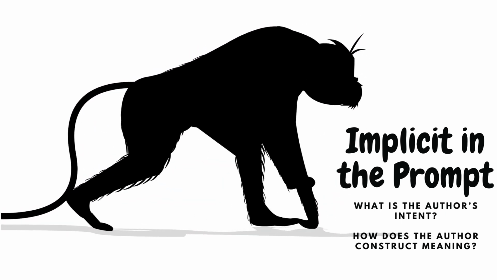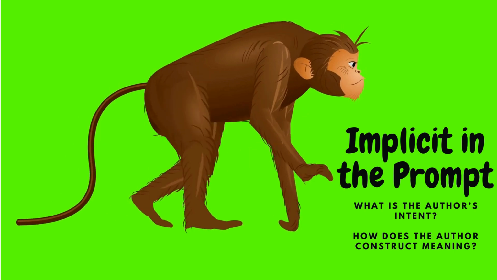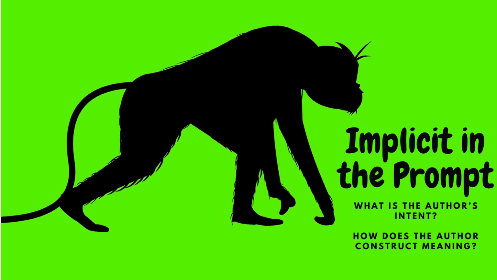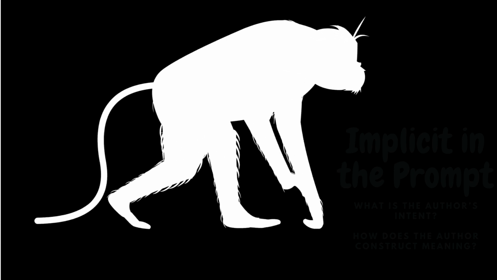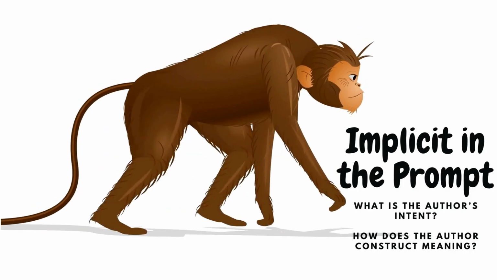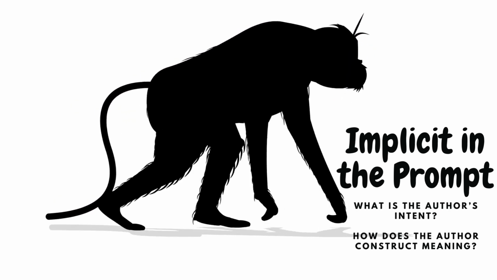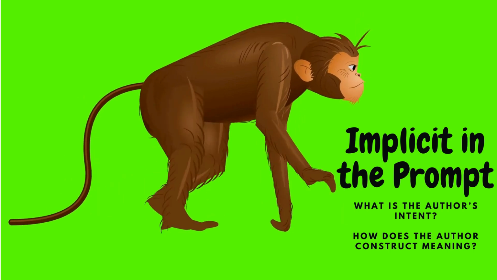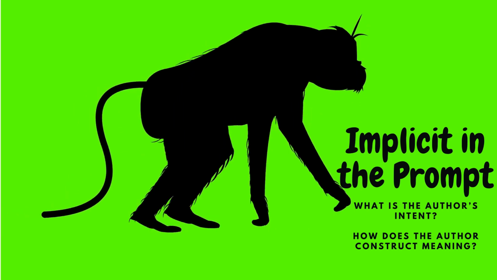The first is, what is the author's intent? And the second is, how does the author construct meaning? And what my students do for the inverted thesis is this. How does the author construct meaning constitutes the answer that arrives at the thesis statement. So that comes last. That's why we call it the inverted, because you end with the thesis.